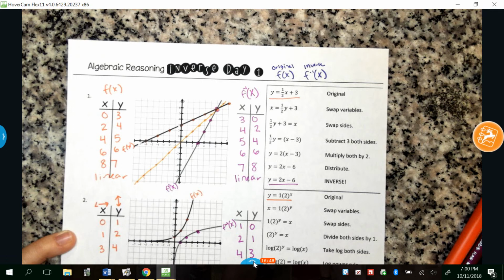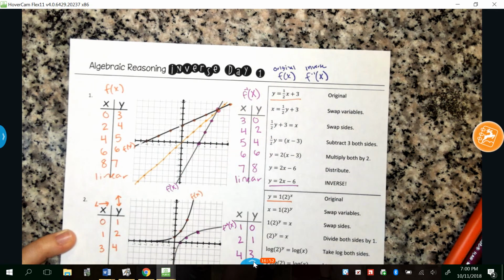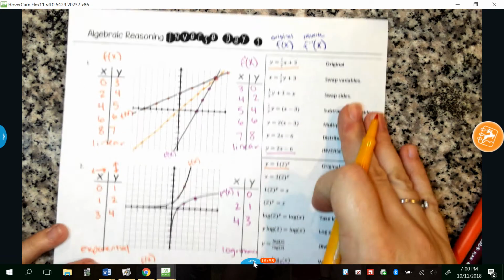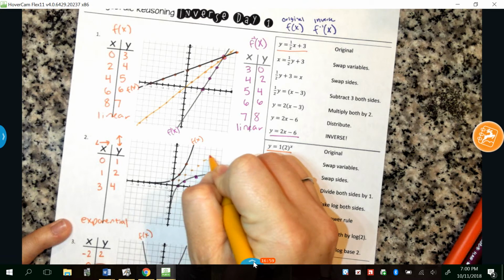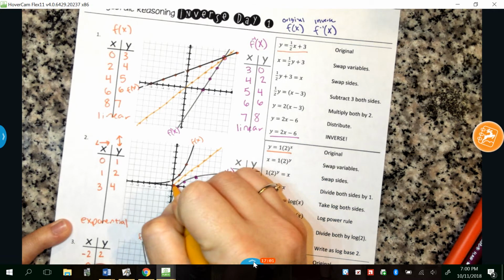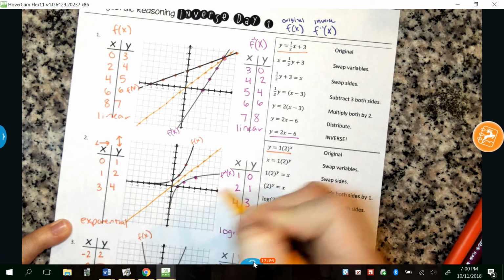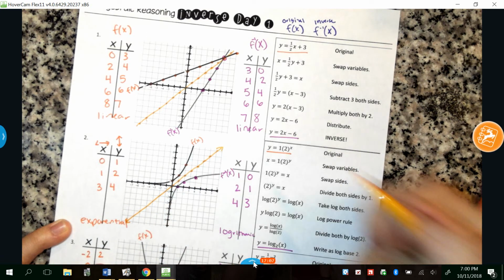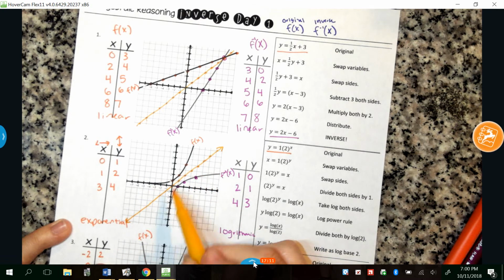If I were to fold my paper in half on that line, those two lines would be directly on top of each other. So again, when I draw my y equals x, we have this line, and it's perfectly the same on both sides.